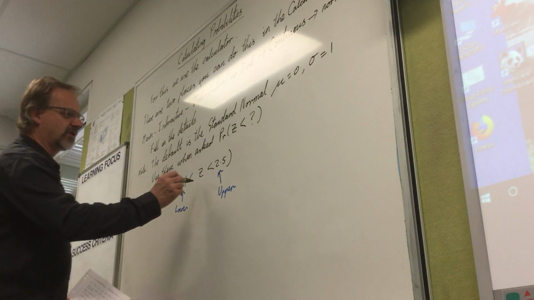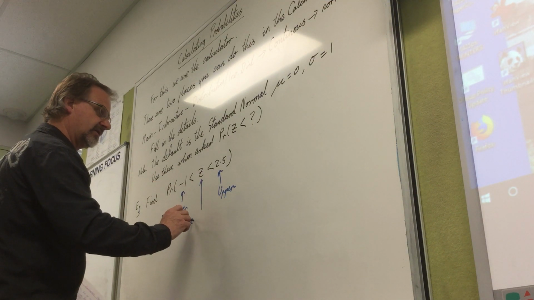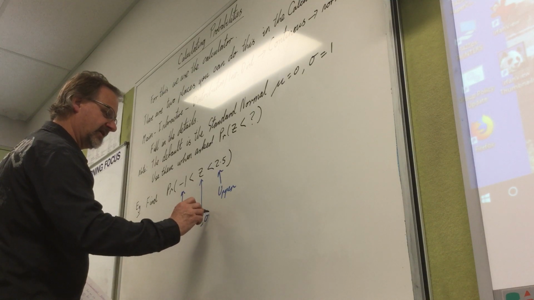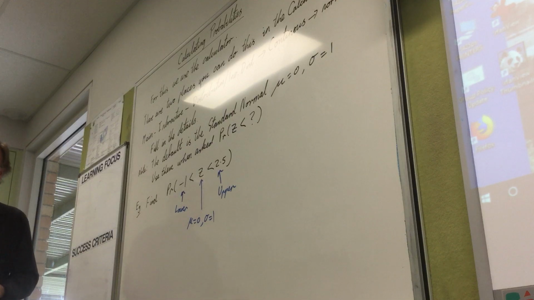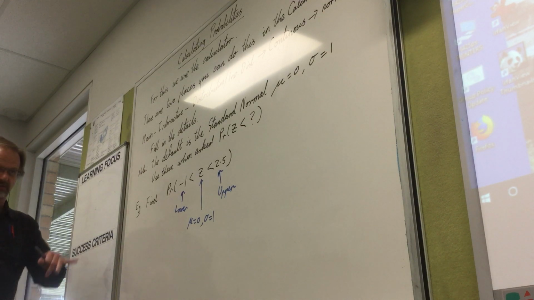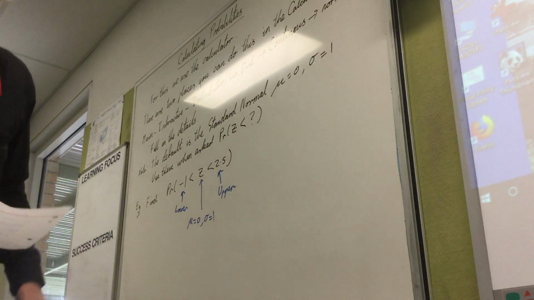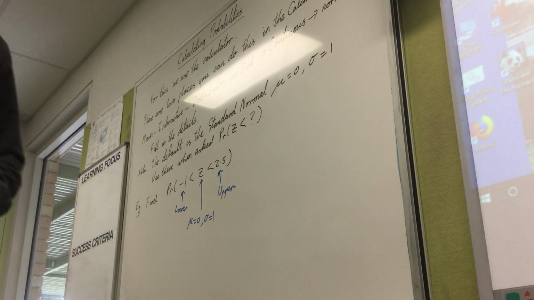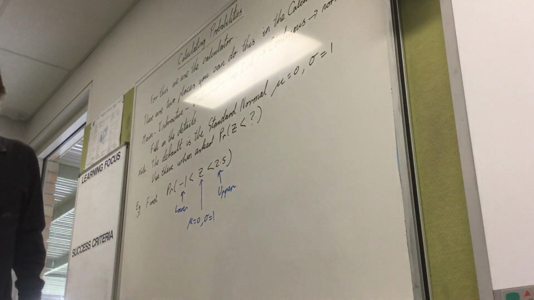The fact that we've got z there implies that the mean is 0 and the standard deviation is 1, which is already the default, so we don't need to change anything. We will get to other examples where that's not the standard normal, and we'll show how we get that when we get there.